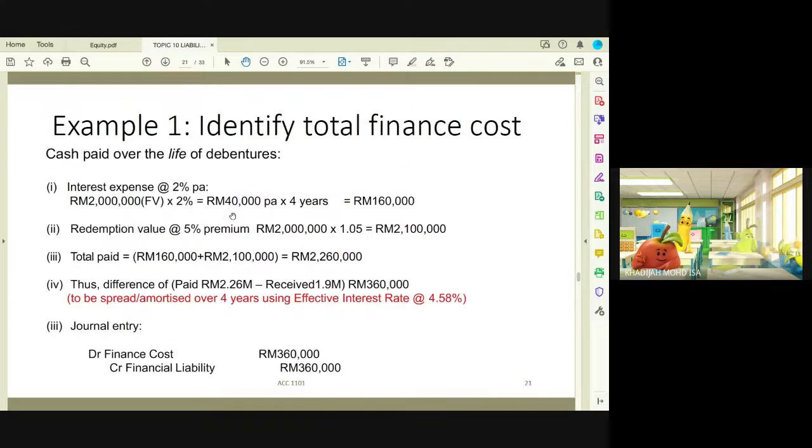Number 2, total finance cost. Cash paid over the life of debentures. So the interest expense is 10% per annum.